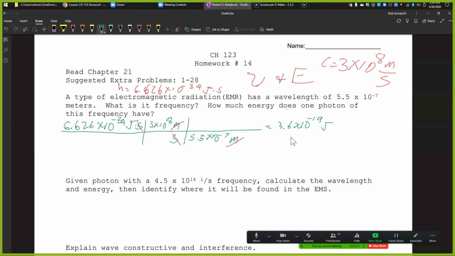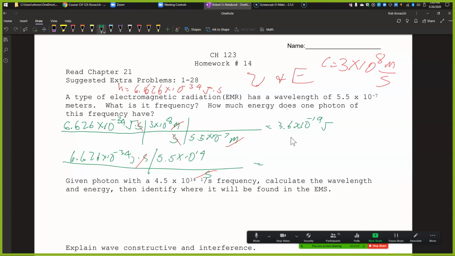And I can't remember, what does it work out to be if I do it the other way? Oh, if we do the constant divided by our calculation. 6.626 e negative 34 multiplied by 3.6 e.